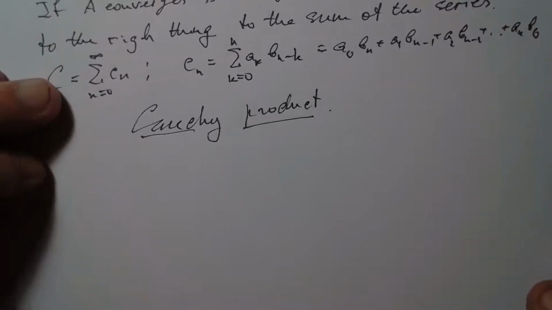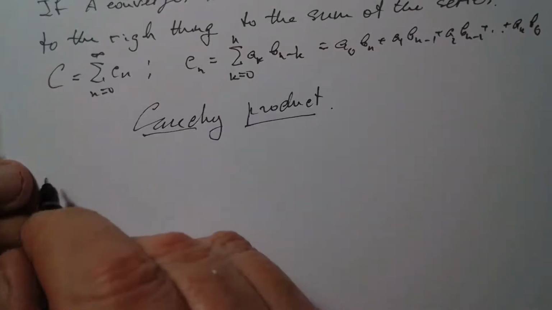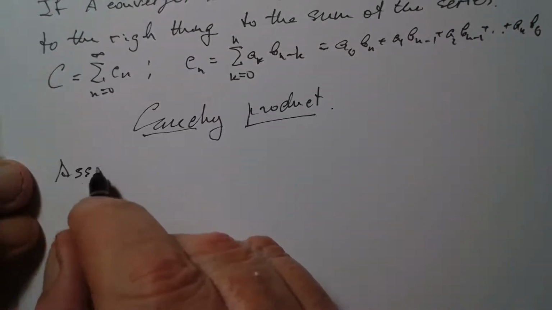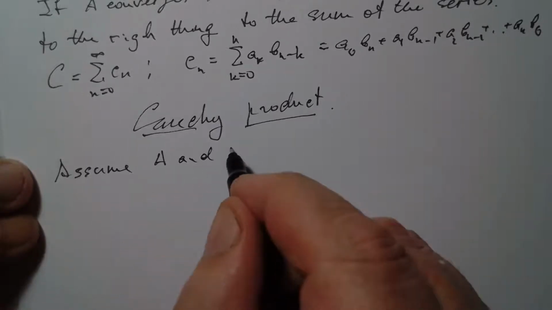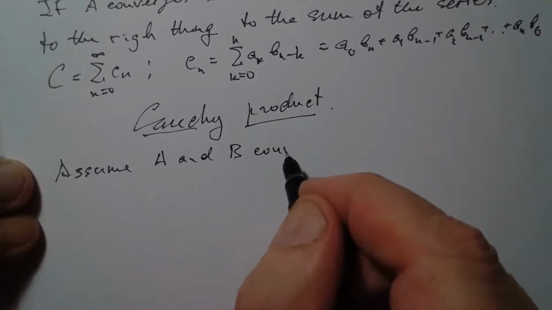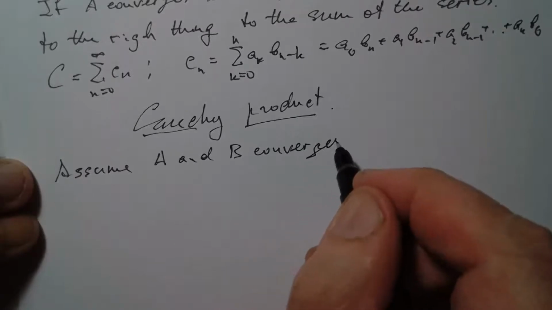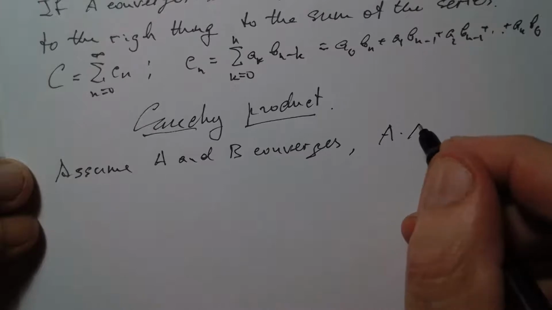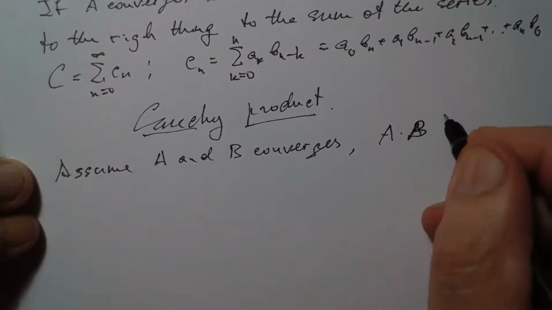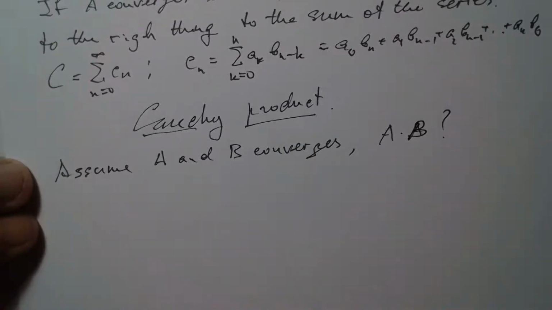Okay, so what do we want to do now? We're going to assume that A and B converge, and ask a natural question: what about A times B? Do these series converge?